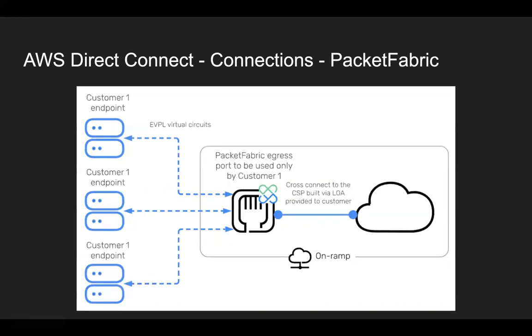But when it comes to dedicated connections, it's single tenant, but at the same time, this cross connect from Packet Fabric's Direct Connect partner location to the cloud service provider is not available. And it is built using that letter of authorization and connecting facility assignment and so on. So with dedicated connection, you can get 1, 10, and 100 Gbps speeds, whereas with hosted connections, you can get less than 1 Gbps speeds, like 50 Mbps and so on.